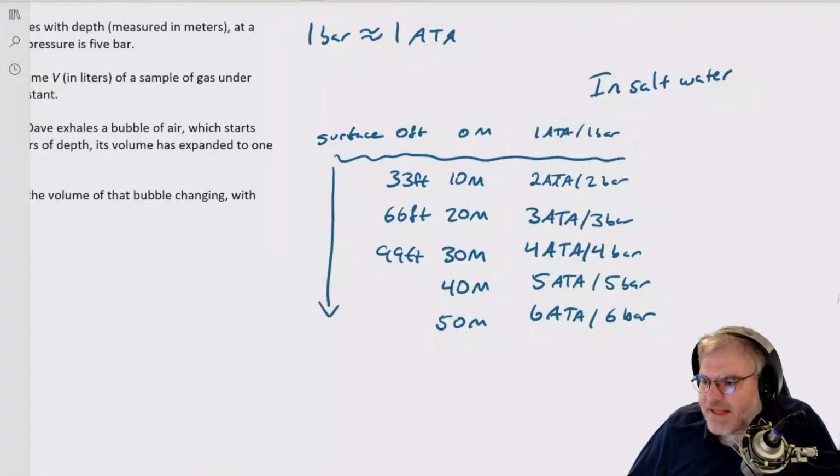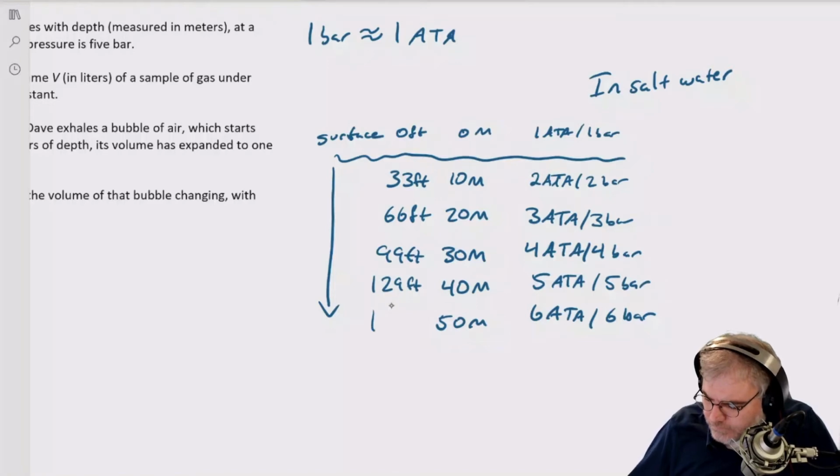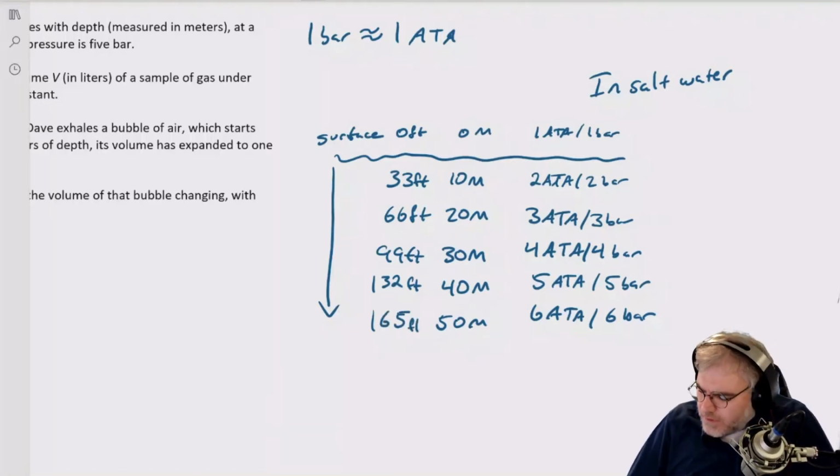So how do we feel about that? As I go down, pressure increases, right? Should be 165. There we go. Little scrambled now. So pressure increases as I descend.